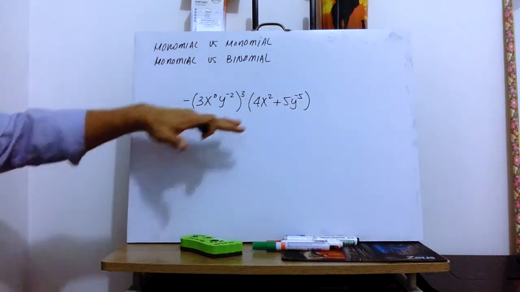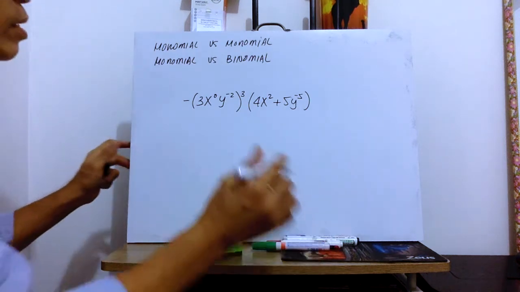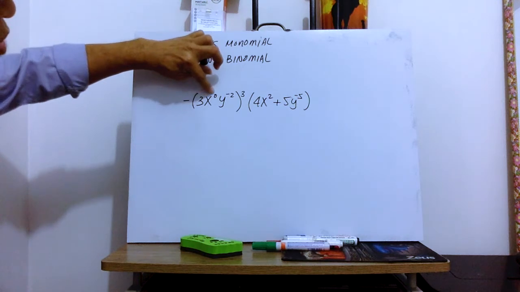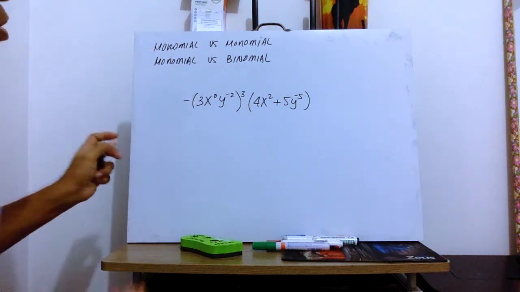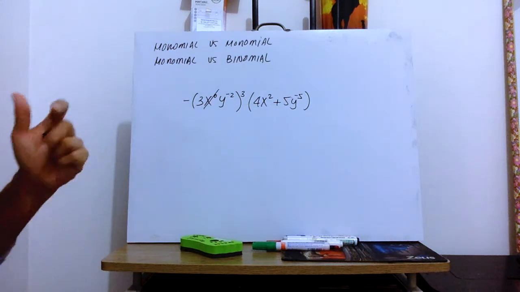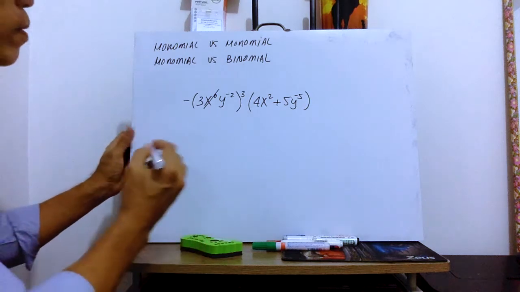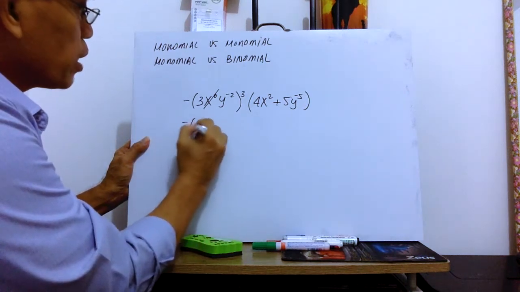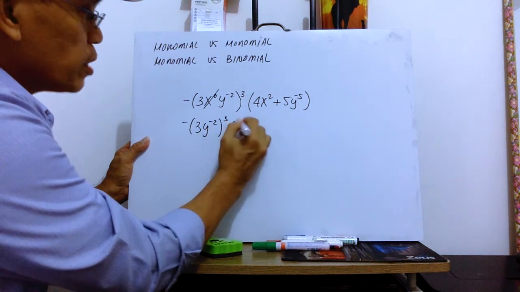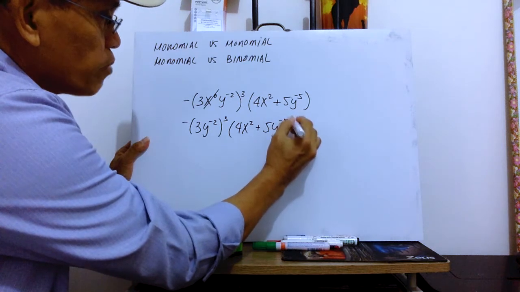Monomial, binomial. First thing we need to do is look at that term raised to 0. If it's raised to 0, we can just cancel it. Any number raised to 0 is always 1, except 0. So it becomes negative, and then (3y^-2) raised to 3, then (4x squared plus 5y) raised to negative 5.